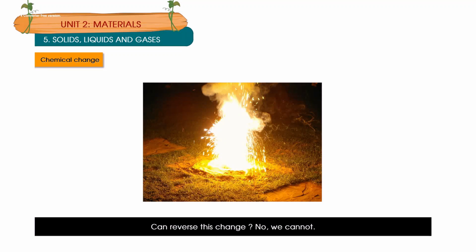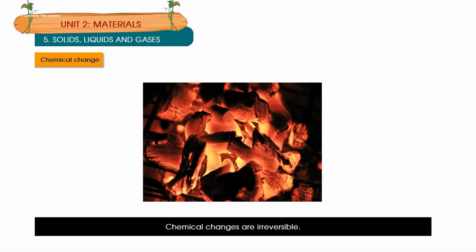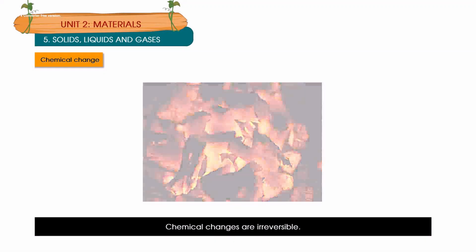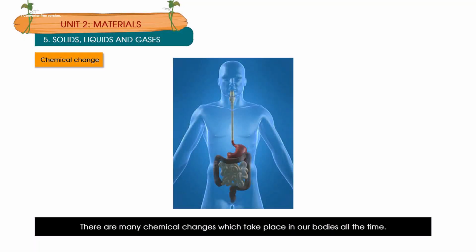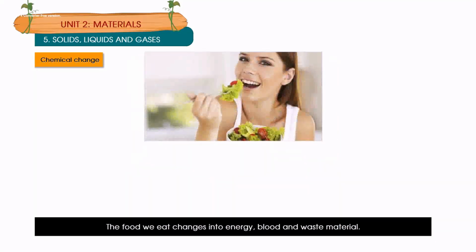Can we reverse this change? No, we cannot. Chemical changes are irreversible. There are many chemical changes which take place in our bodies all the time. The food we eat changes into energy, blood, and waste material.